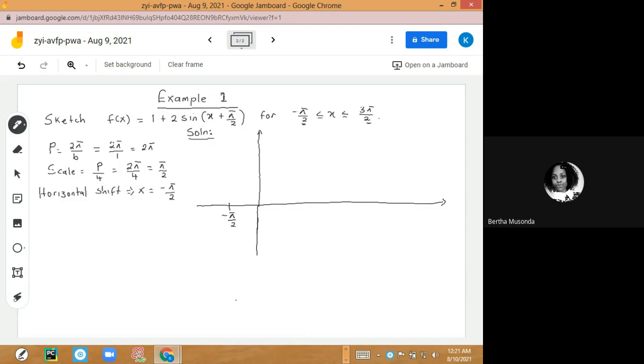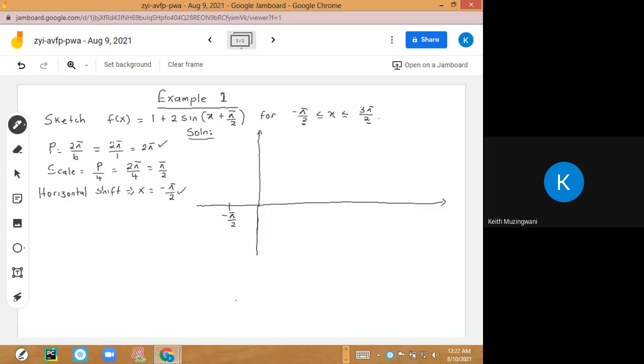So sir, actually when you have the scale and you are given the range, then you find the period to be maybe something else. You just deal with the range which they have given you. Don't consider the period which you have found. Yeah, you don't consider the period. So far, we are done with the period.